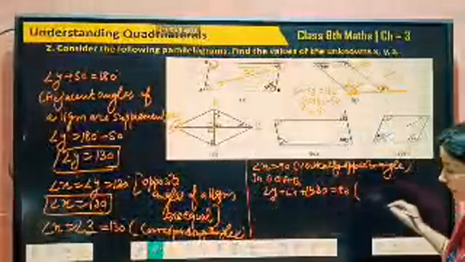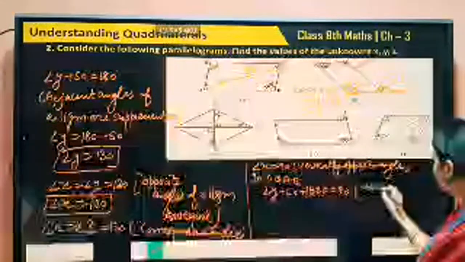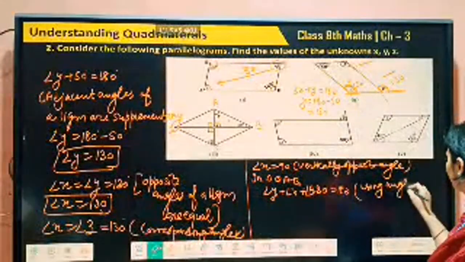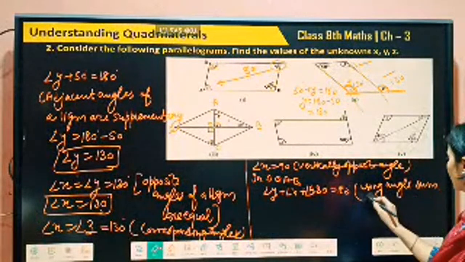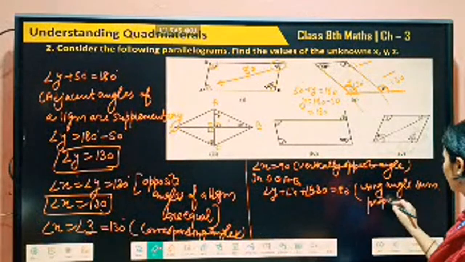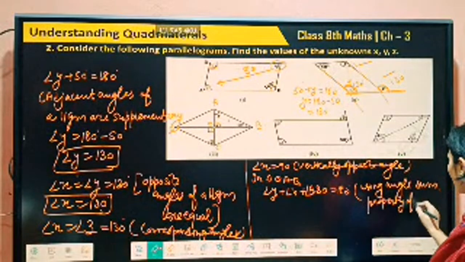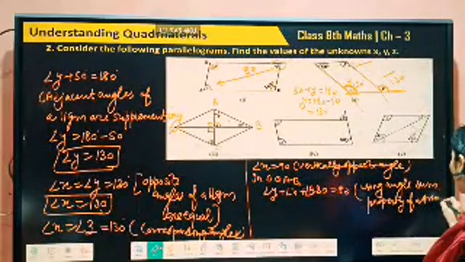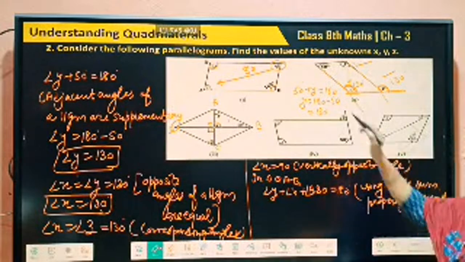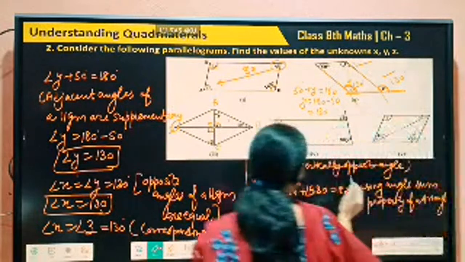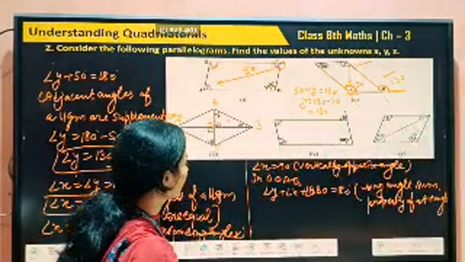What is the reason? Using angle sum property of a triangle. What is the angle sum property of a triangle? The sum of all three angles of a triangle is equal to 180 degrees. This is the angle sum property of a triangle.